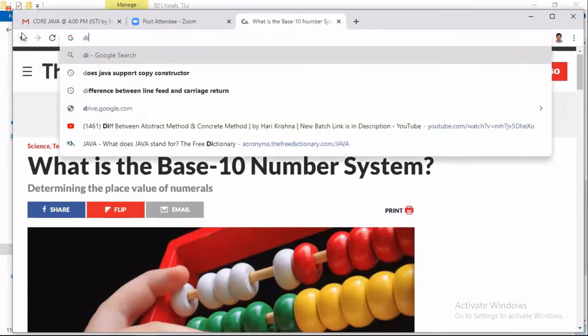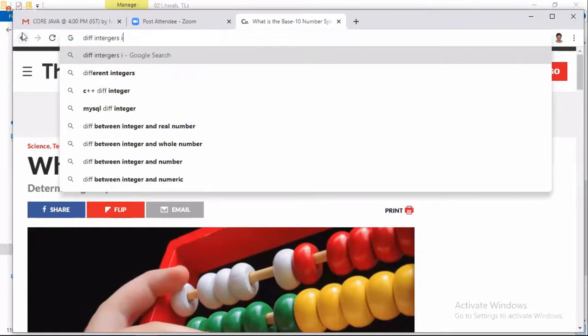Okay, let me write like this. Different integers in Java.